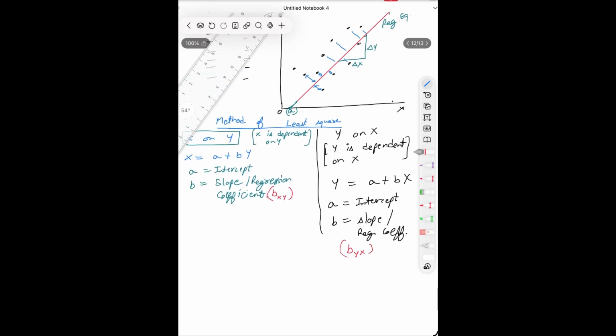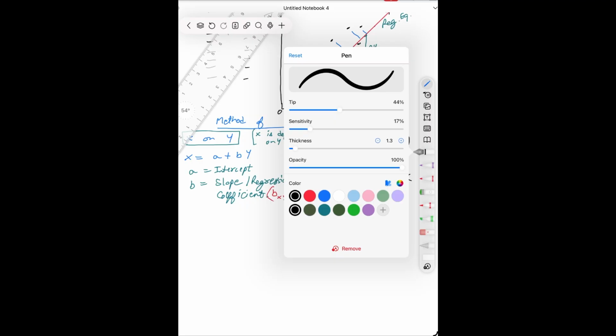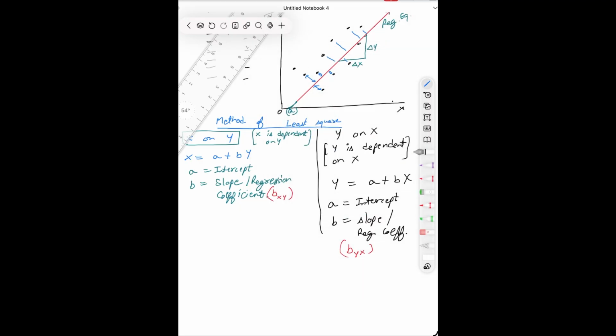Now the next question is how you are going to find out the value of A and B. It is one thing to say that A is intercept and B is the slope, but you have to find out the numerical figure. So for that I will first explain x on y.